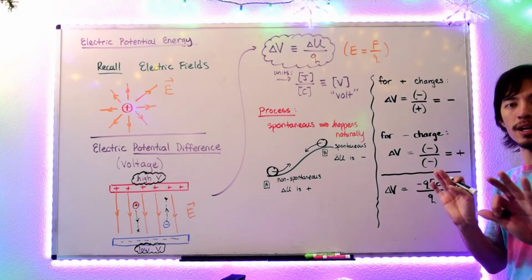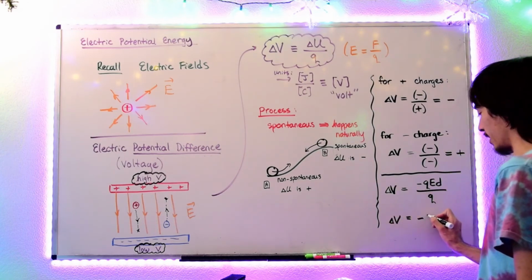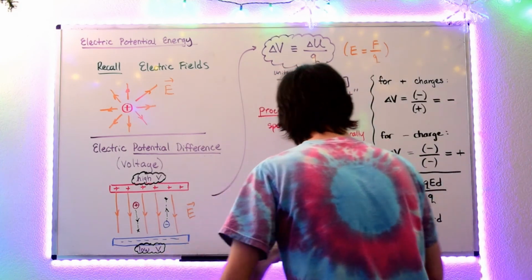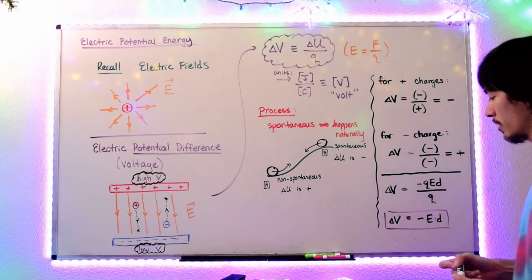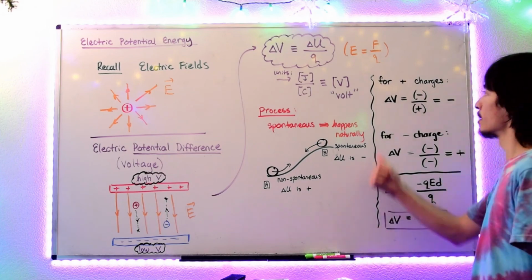So there's no dependence on that charge being there. So delta V is negative E times d. So if we know the electric field and the distance involved, we can calculate what that change in potential is in volts.